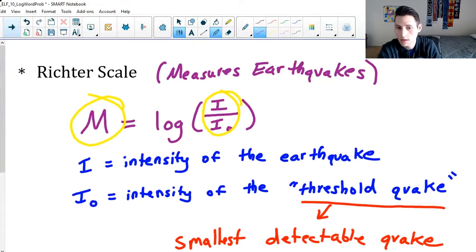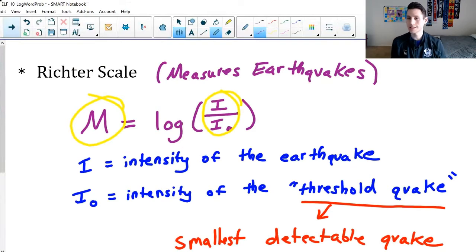M equals log of I over I-naught. So that first I, the capital I on top, is just the intensity of the earthquake. And the denominator, the I-naught, is the intensity of what we call the threshold quake.